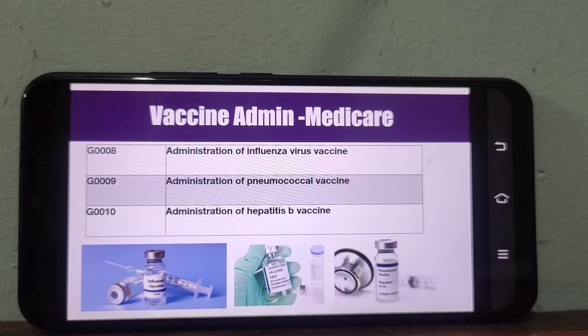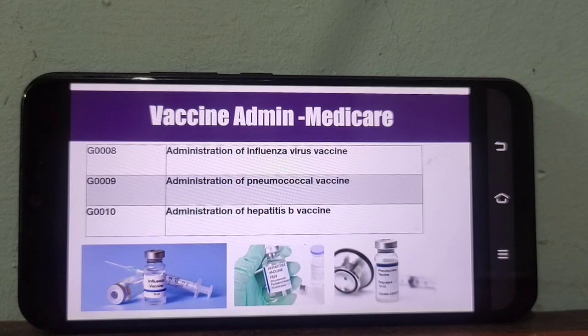These administration codes are only for Medicare patients. So G0008 for influenza virus vaccine, G0009 for pneumococcal vaccine, then G0010 for hepatitis B vaccine. So these are the code section for administration for Medicare patients.